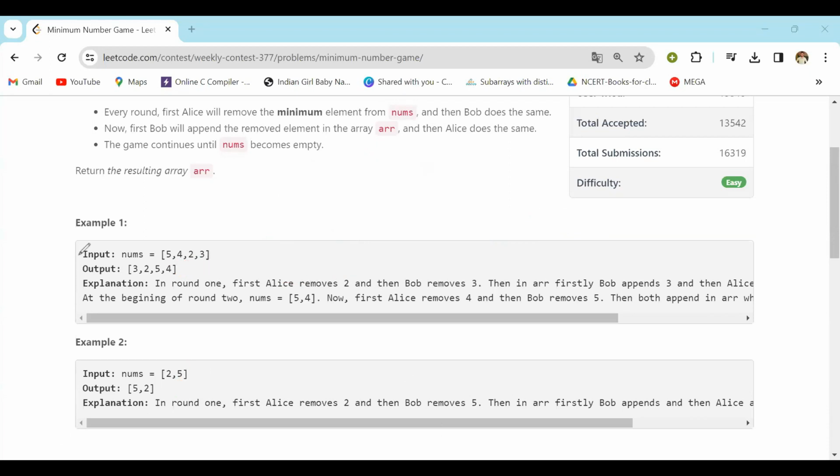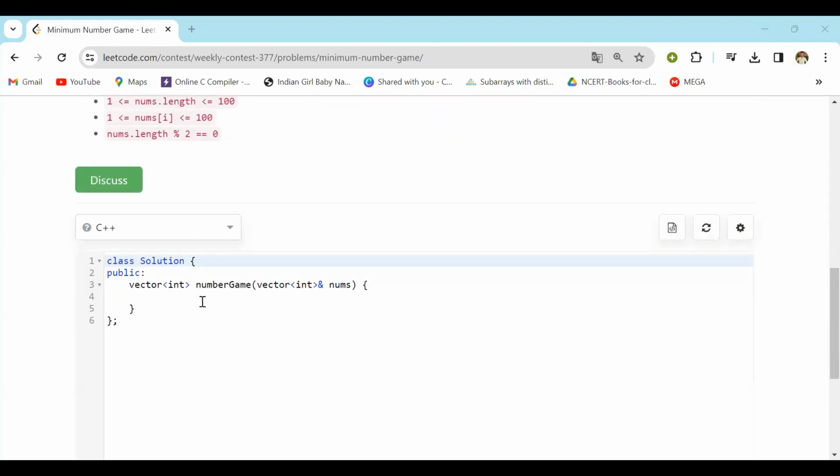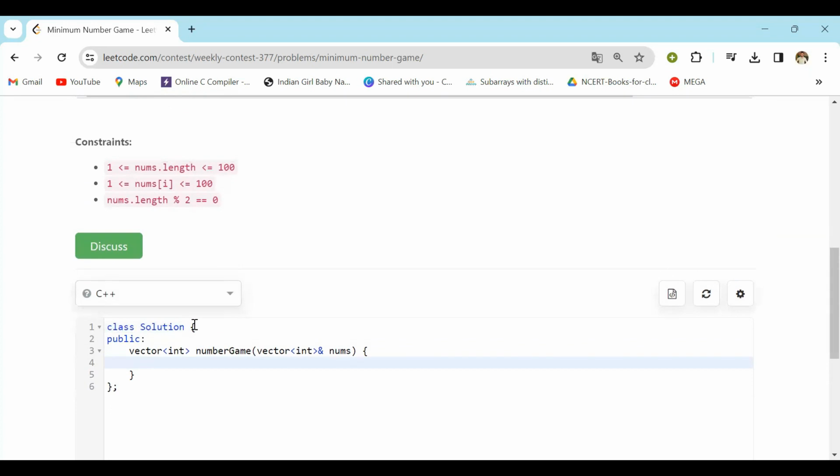If I write the code, there's nothing to it. The time complexity is hardly n log n, and n is at most 100, which is too low. Simply sort the array, from nums.begin to nums.end, and then swap every two elements. How?